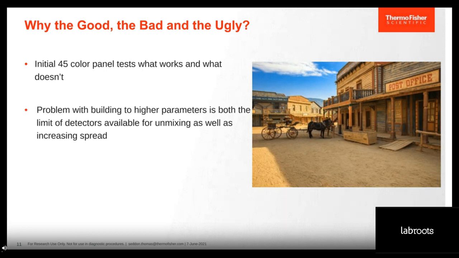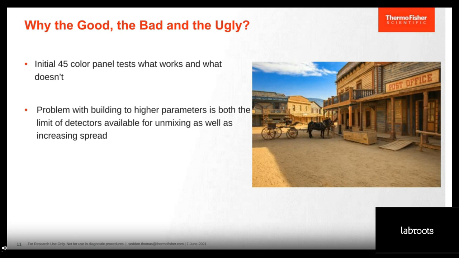And the problem with building to higher parameters is both the limit of the detectors available for the unmixing. So even if you have, say, 64 detectors, you need some amount to be able to detect changes in the dyes. So what are these signatures? If you're using more and more of the detectors, that can be an issue. But also this idea of increasing spread.